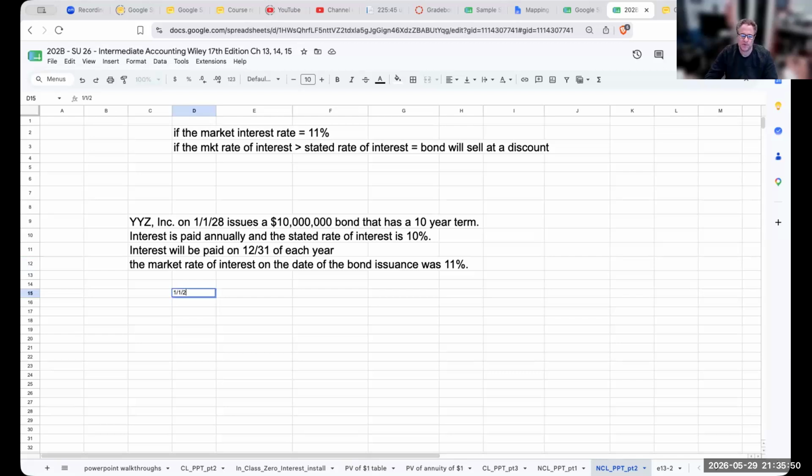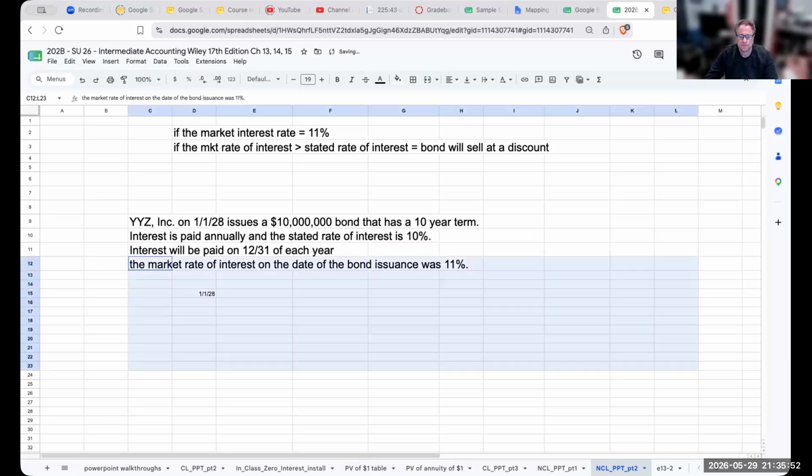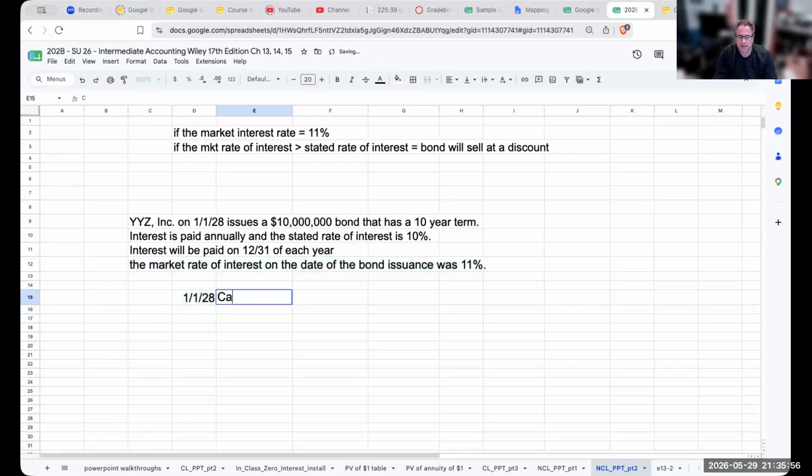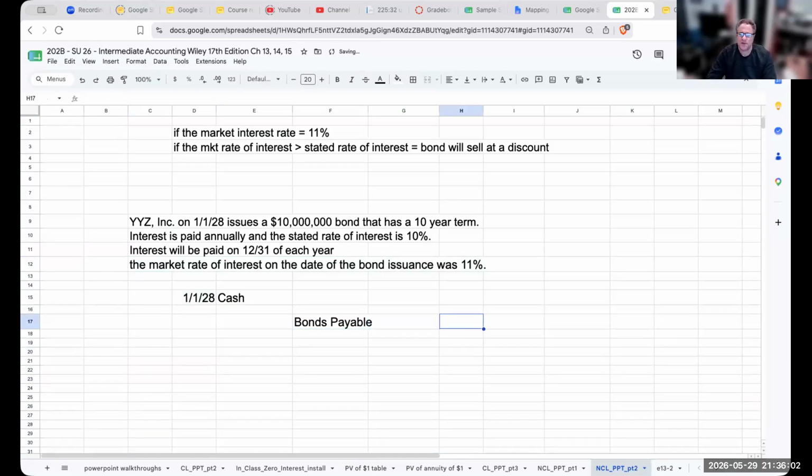So on 1/1/28, I'm debiting cash. I'm going to be crediting bonds payable. And whenever I credit bonds payable, it is always going to be at the face amount of the bond, or 10 million, or whatever that face amount is.